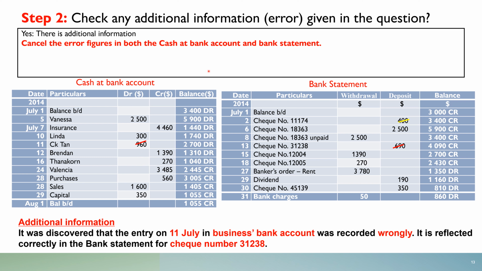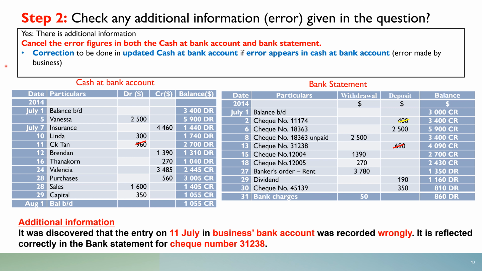What shall we do next? We need to do corrections. The correction has to be done in the updated cash at bank account if errors appear in the cash at bank account. So in this case, this error appears in the cash at bank account, so we shall do the correction later on when we prepare our updated cash at bank account.